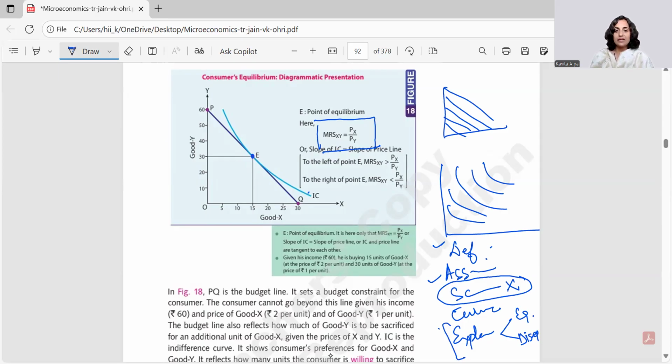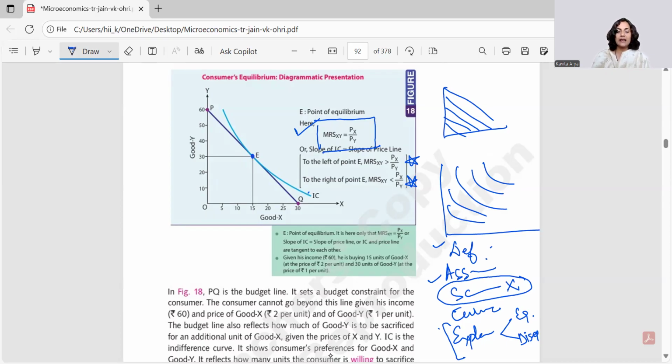Why this is the real condition and what happens in this case where there is inequality. Inequality means the left hand side is not equal to right hand side, and what would we do to balance it out? So at this point E, the slope of IC and the slope of budget line is the same, and hence this is a point of equilibrium.